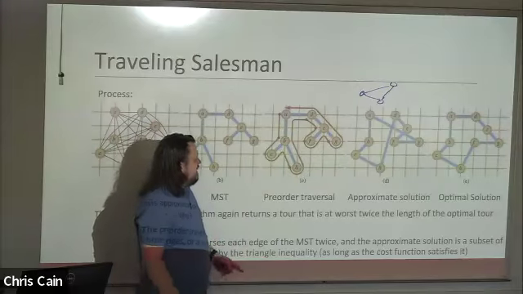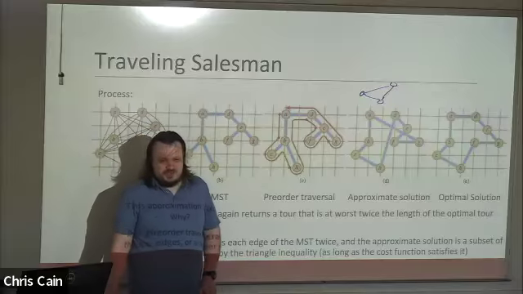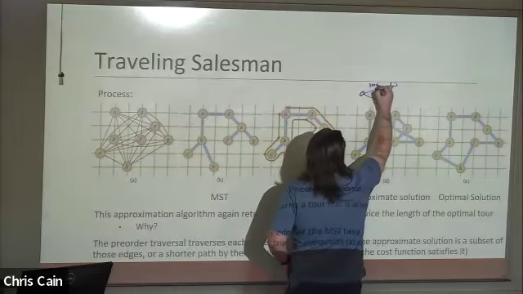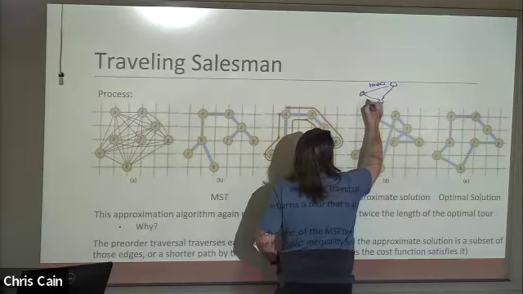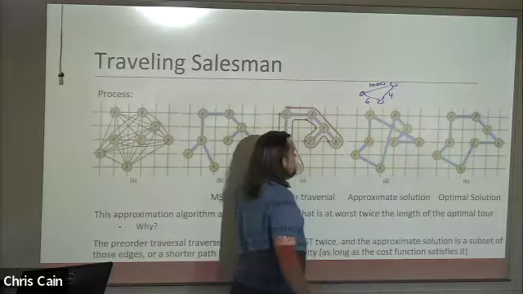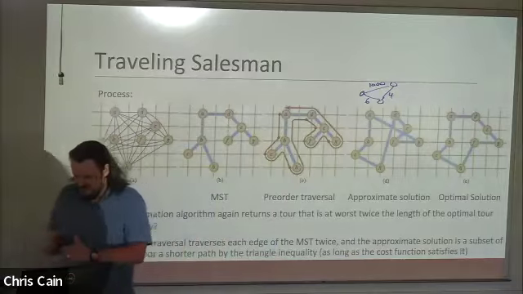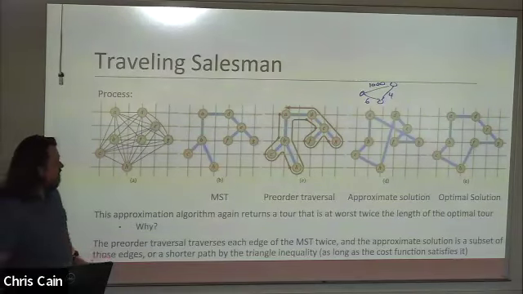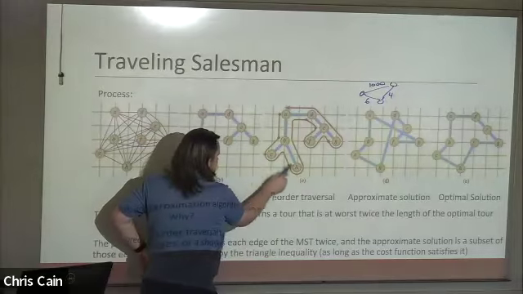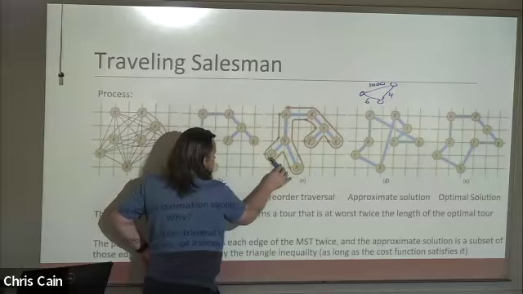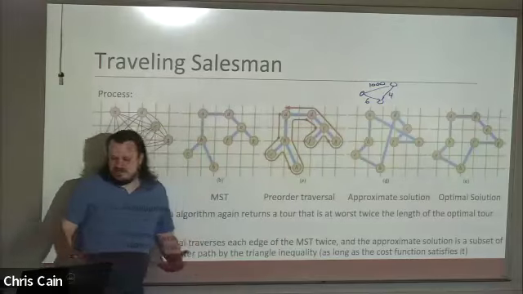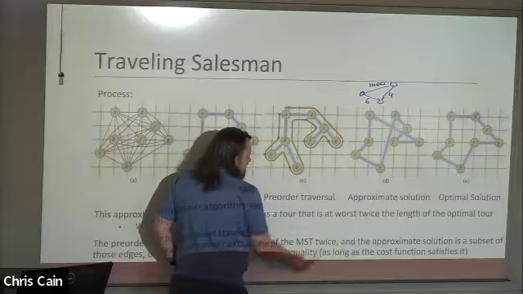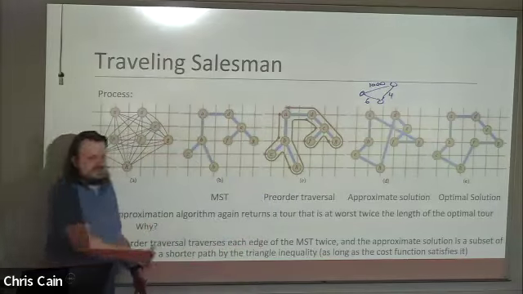But in a graph, we place edge weights on this in a way that the triangle inequality might not be satisfied. This could be 1,000, and this could be 6 and 4. And 6 plus 4 is not greater than 1,000. So we have to verify that this triangle inequality actually holds before we just assume that the path from C to H is going to be shorter than the path from C to B to H. That's not necessarily going to be true, but wherever we could potentially replace that, we'll just look at, does the cost function satisfy the triangle inequality?